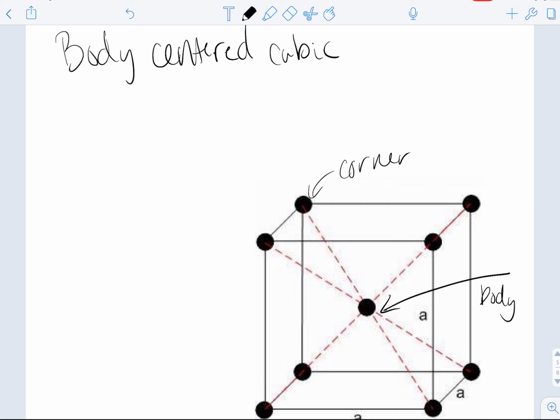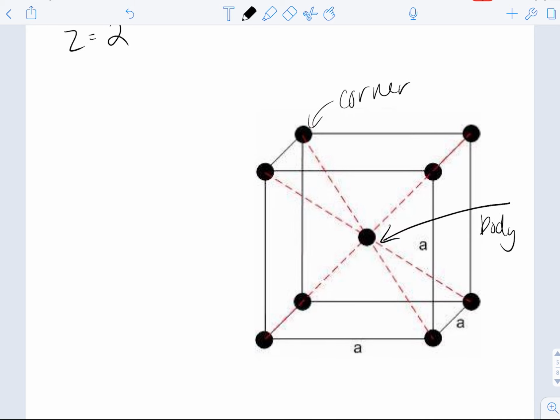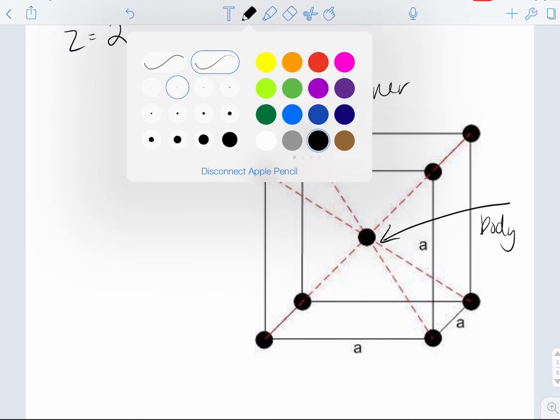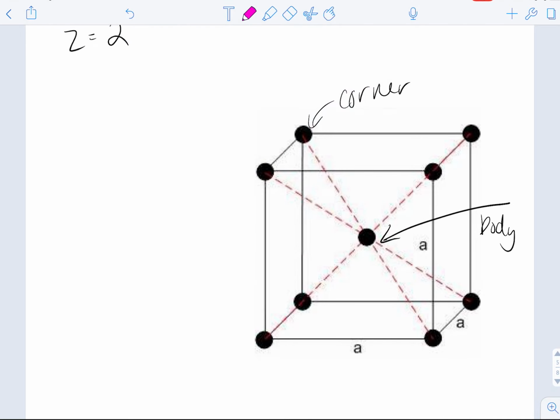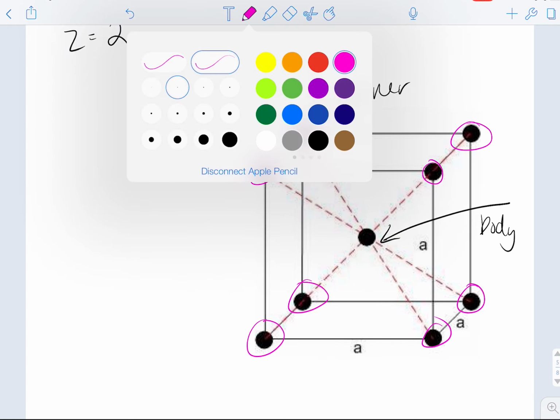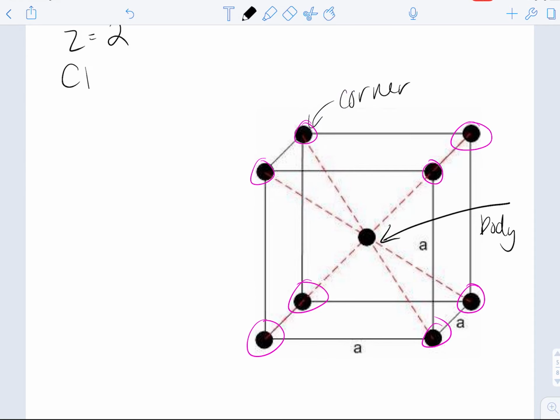The body accounts for 1 atom, so we have a Z number for this packing type of 2. Okay, and if we look at this center atom right here, we see that we have 8 atoms around our central atom. So our coordination number in this case will be 8.